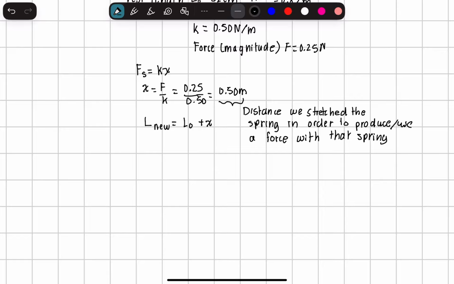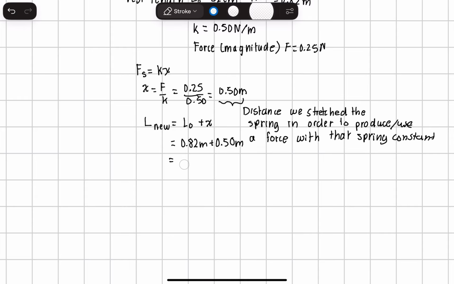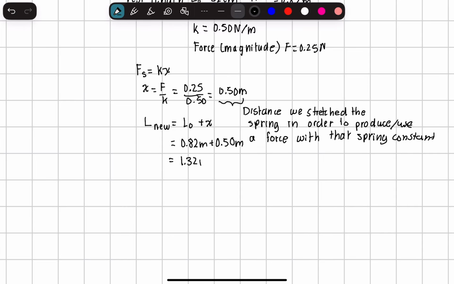So you plug in what you got for x with your L initial. L initial was 0.82 meters, and you add 0.50 meters, and you get for your new length 1.32 meters.